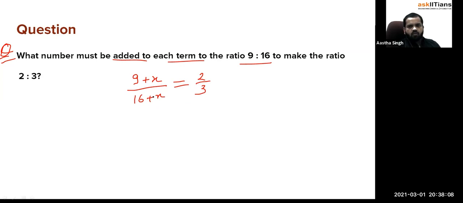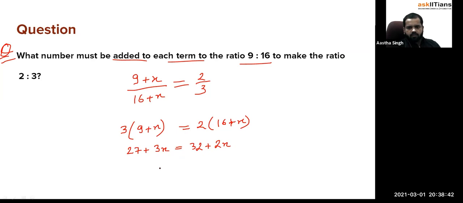Okay. How to solve this? Just multiply 3 to 9 plus x, and 2 will be multiplied to 16 plus x. Okay. So 3 9s are 27 plus 3x will be equal to 2 16s are 32 plus 2x.